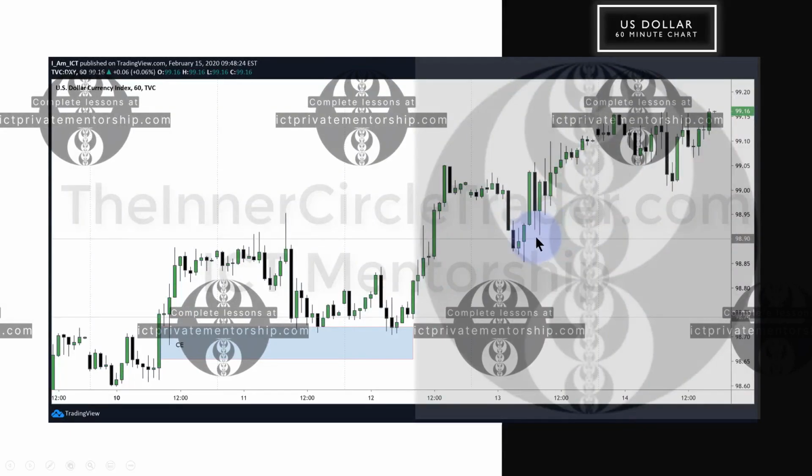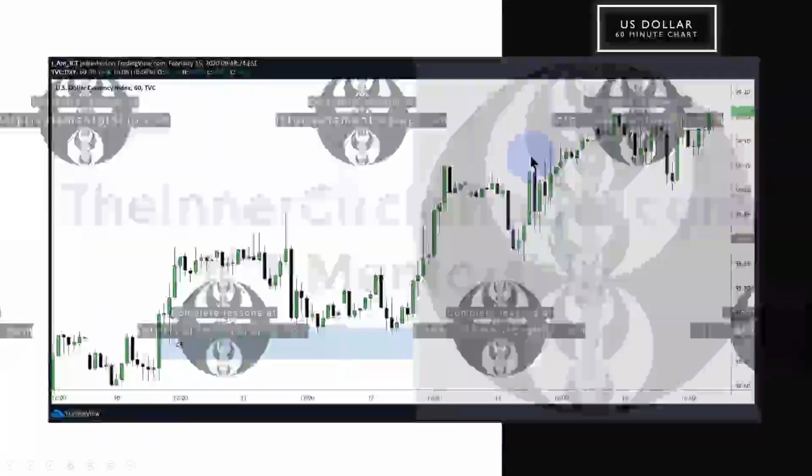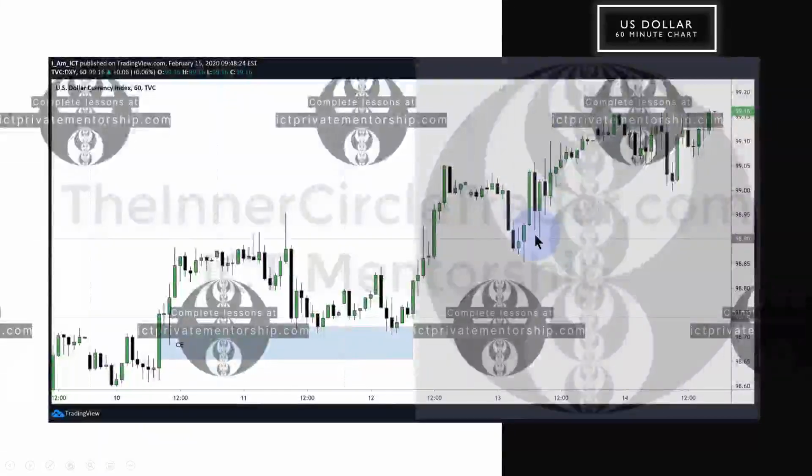But anyway, price expands, blows through the relative equal highs, drifts higher, and then comes back down into an area of balanced price range. What does that mean? We went back and forth multiple times in here, even with this range down. All of this time in here, we spent back and forth, back and forth. When price does that, that to me is a balanced price range. Now, it can happen inside of 2 candles, one up and one down immediately.